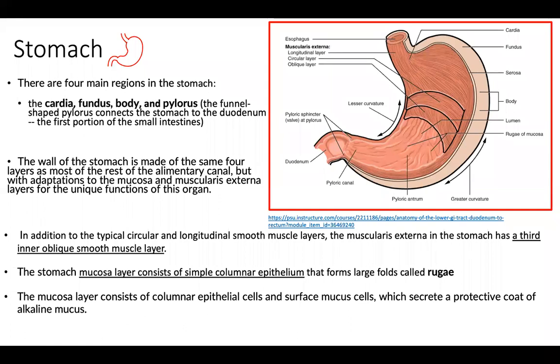In addition to the typical circular and longitudinal smooth muscle layers, the muscularis externa in the stomach has a third inner oblique smooth layer, and the stomach mucosa layer consists of simple columnar epithelium that forms the large folds called rugae. And the mucosa layer consists of columnar epithelial cells and surface mucus cells, which secrete a protective coat of alkaline mucus, which pretty much helps protect the stomach area.